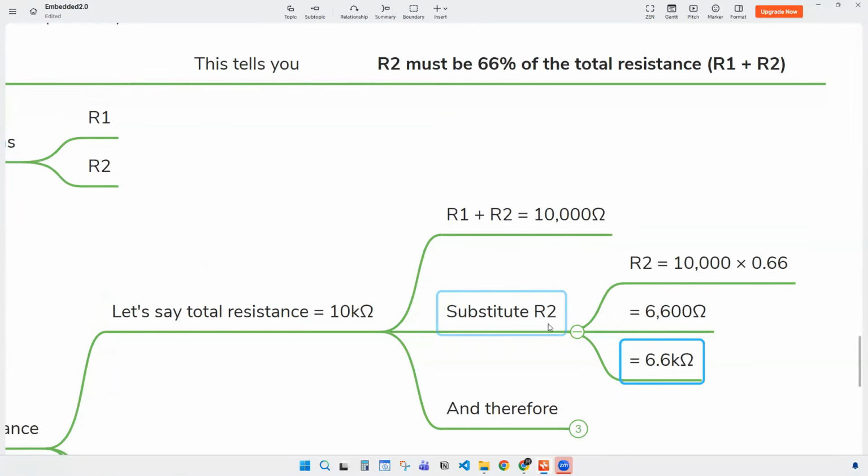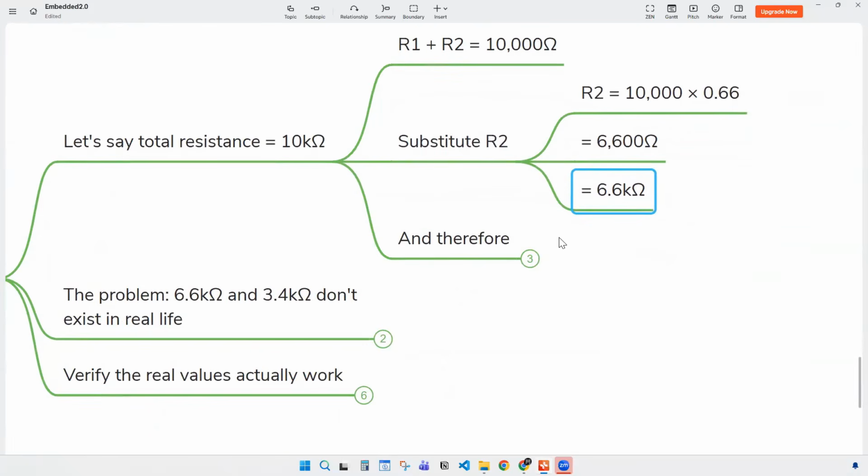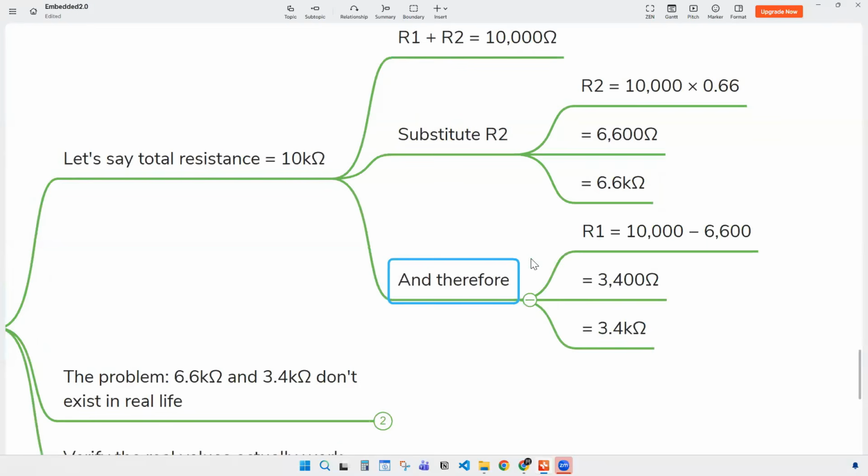If you are clear how we calculated R2, post "clear R2" in your comment section. After calculating R2, we do the rest simply by substituting. R1 plus R2 is equal to 10,000, the total resistance, and we already have R2.